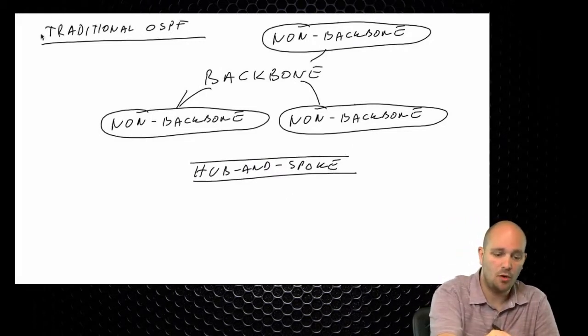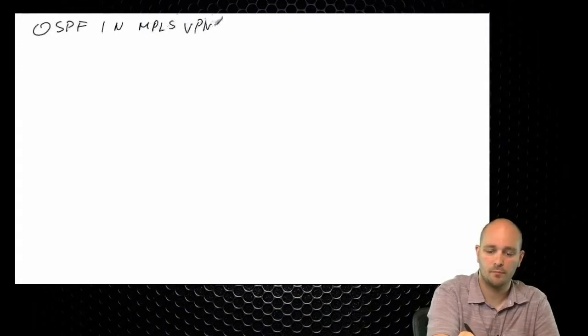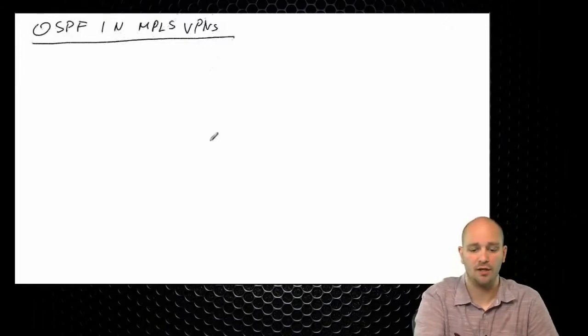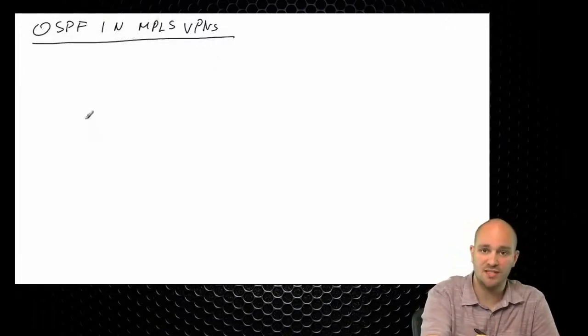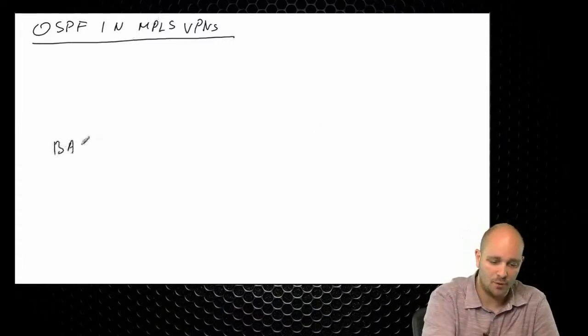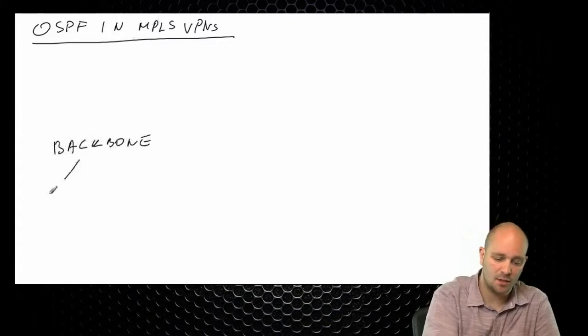Now, OSPF in an MPLS VPN scenario actually introduces one more level of hierarchy. Because here in multiple sites, multiple independent sites, we can actually have the backbone area that connects to non-backbone areas.